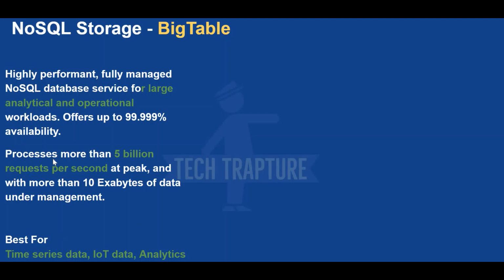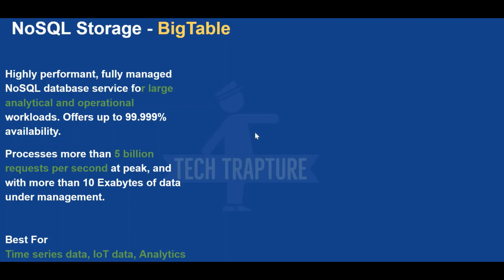This is the power of Bigtable, that it can process more than 5 billion requests per second, and definitely it would be costly, but mainly it is used for time series data and IoT data, where IoT devices will send a number of records within a particular second to your Bigtable. In that case, you can use Bigtable.